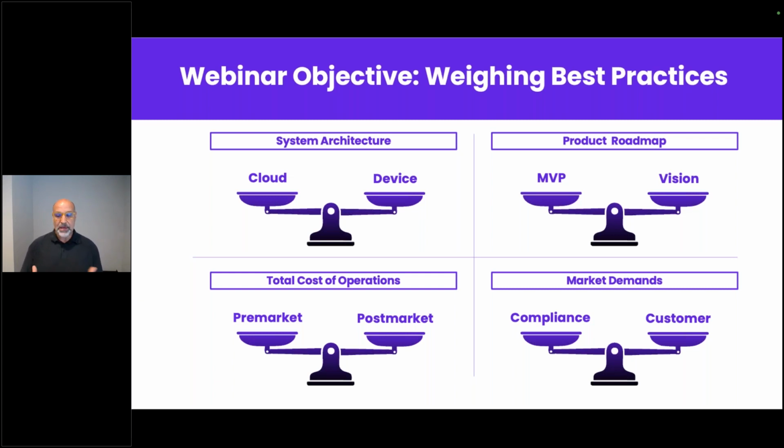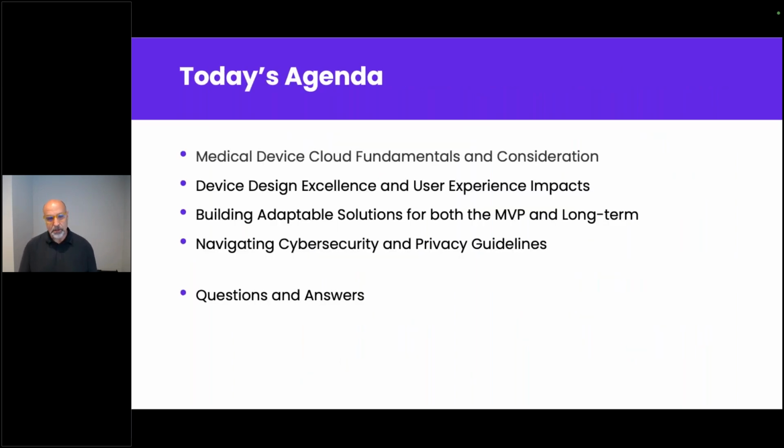And how do you keep a lens on the market and the demands that come from regulatory organizations, from your customers, and in many cases the competition in your sector? We've built an agenda along those lines, and we'll give points of view from our team.